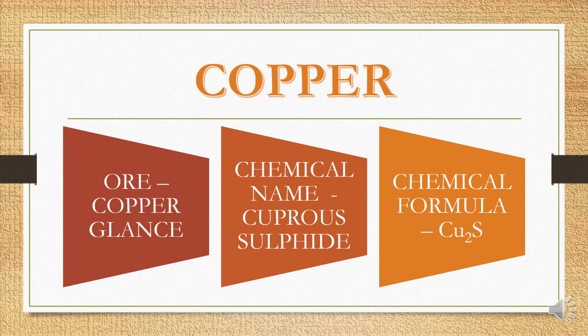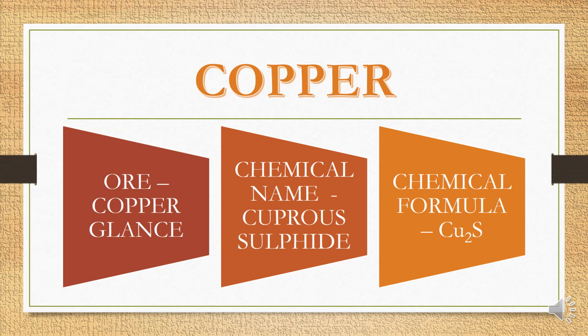Now, another less reactive metal, and it is copper. The symbol of copper is Cu, and one of the ores of copper is copper glance. In the earth's crust there are many ores of copper, and we are learning the extraction of copper from one of its ores, which is copper glance.